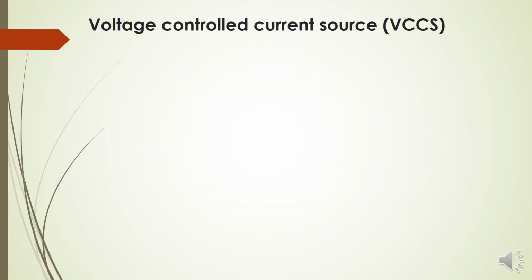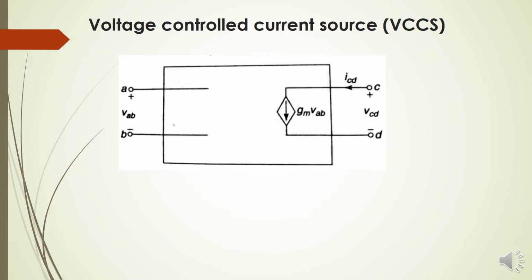Next source, the voltage controlled current source, VCCS. The value of this current source ICD is controlled by the input voltage VAB.